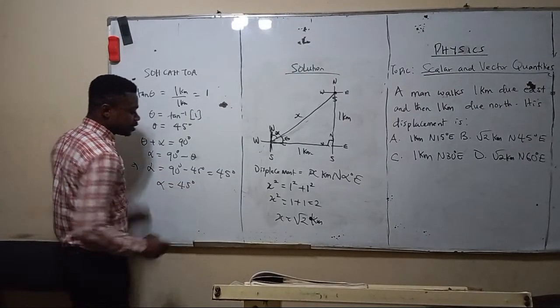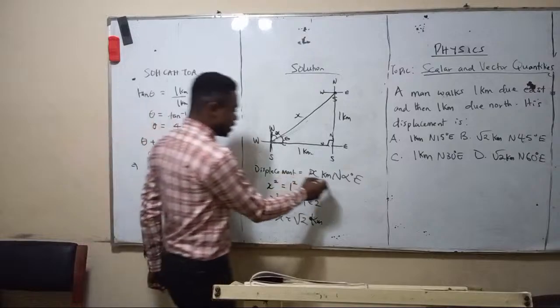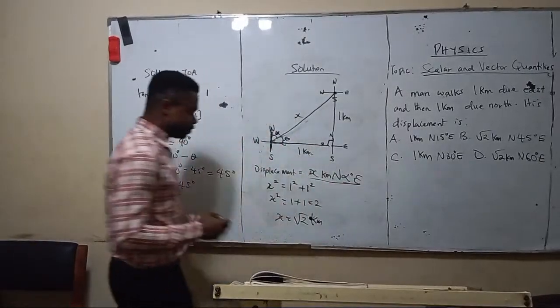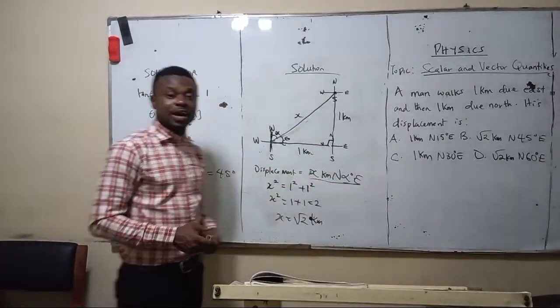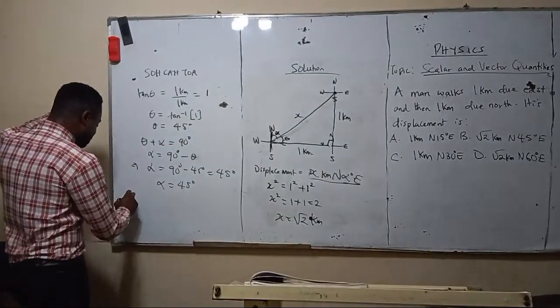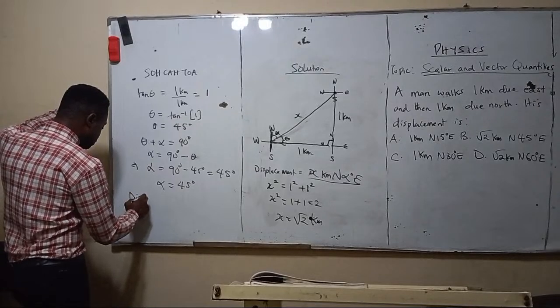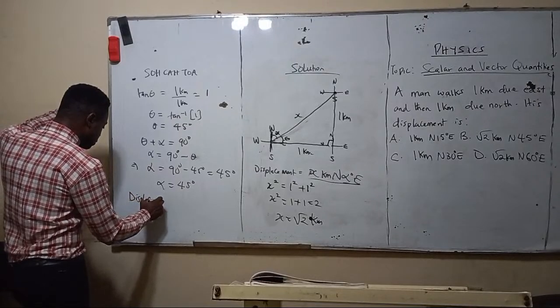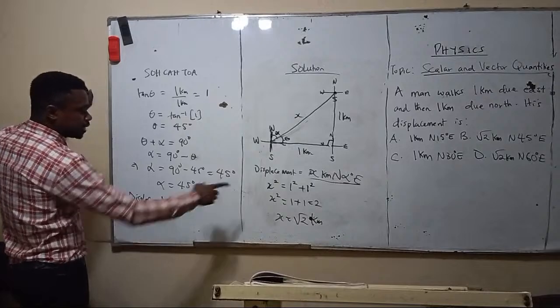So let us now substitute from this here. Let's substitute the value of x and the value of alpha. That will give us the displacement of the man. So the man's displacement is now equal to what? X is root 2.